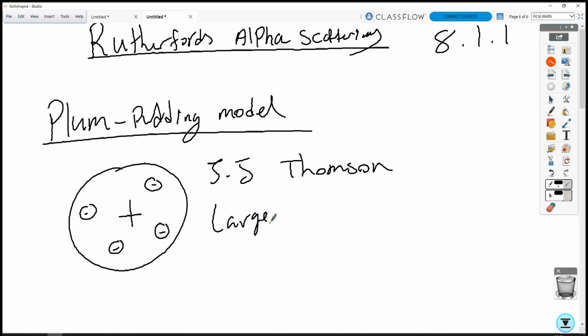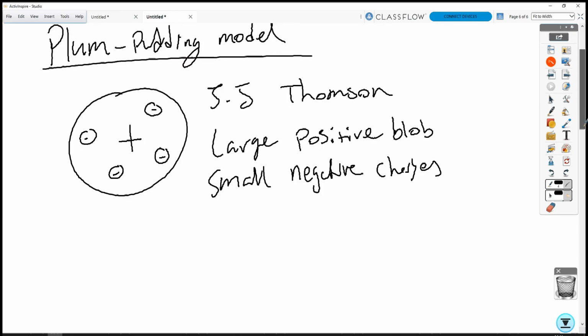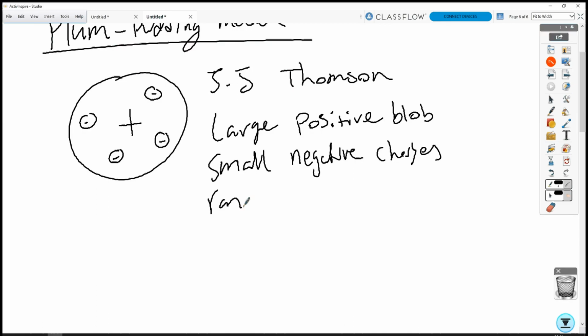So you had a large positive blob with small negative charges randomly dispersed. So the atom was still neutral in this case, but the model was different.